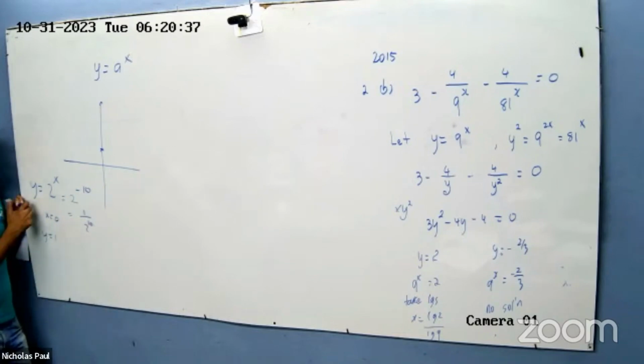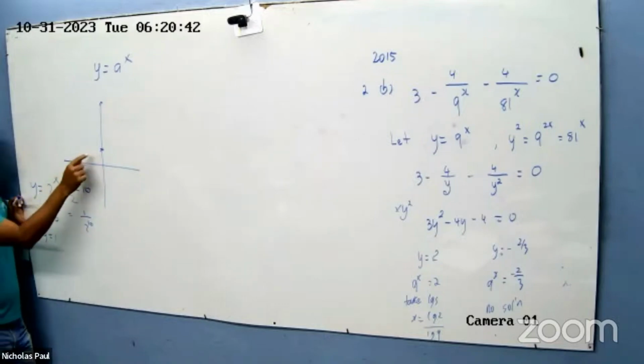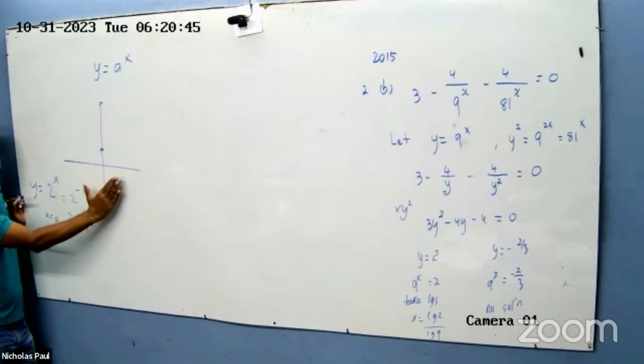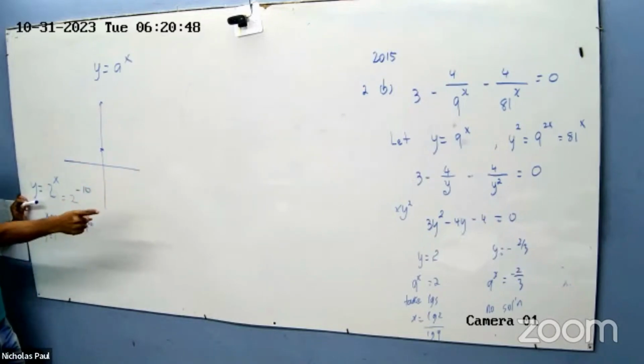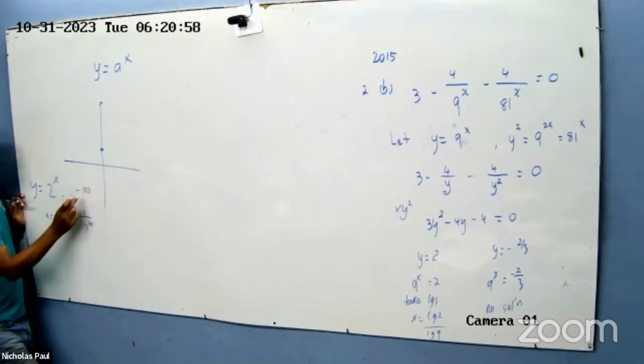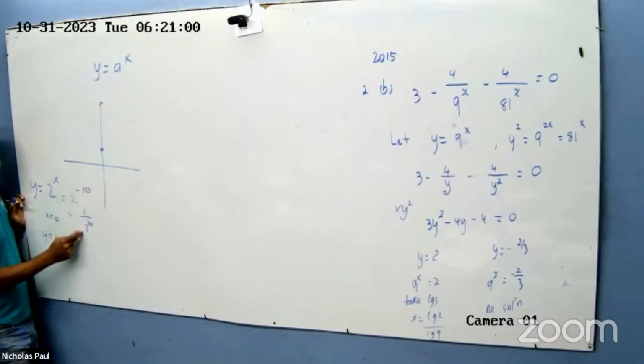So is there any way this could be negative? There's no way for this graph to be down here. So that graph doesn't exist in the negative part, and we saw that with that solution. There's no value for x that would give us a negative value. Are you okay with that? So whenever these x values become negative, we're getting fractions, so they're getting small values.